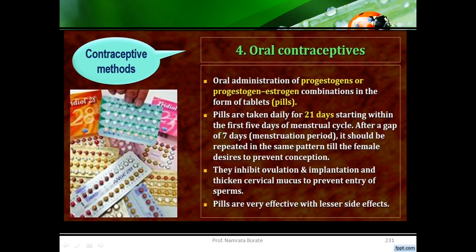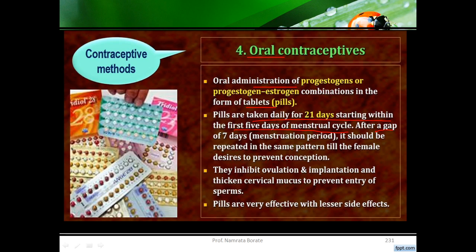The fourth temporary method of contraception is oral. Oral administration of progestogen or progestogen-estrogen combination in the form of tablets. The tablets are taken daily for 21 days, starting within the first 5 days of the menstrual cycle.